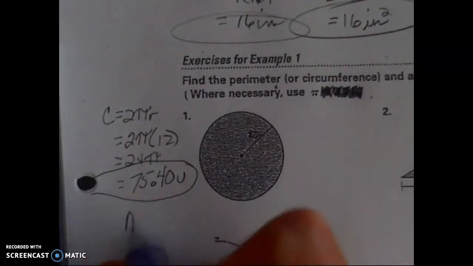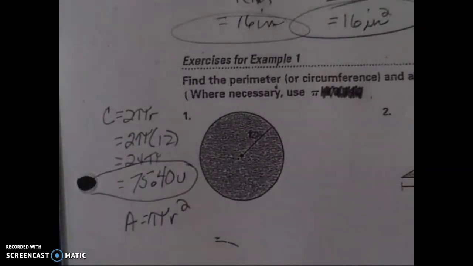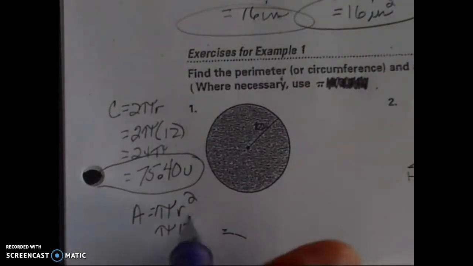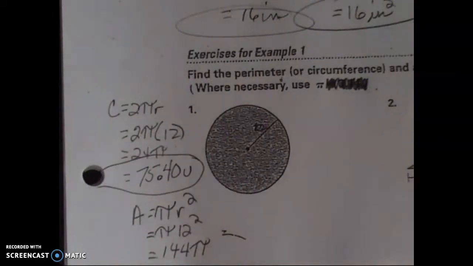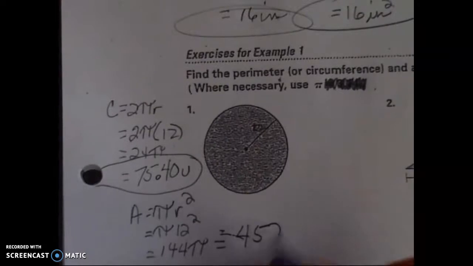And the area is pi r squared. The radius is 12, so it's pi times 12 squared. 12 squared is 144 pi. You have to use the pi key on your calculator. 144 times pi is 452 point, rounded to 2 numbers after the decimal point.